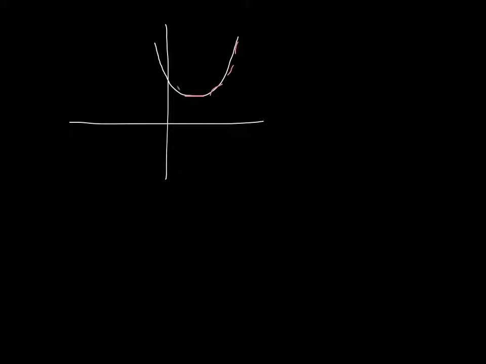But notice all these little tangent lines lie below the graph. And notice, too, that the slopes are going from negative values, getting closer to 0, and then to positive values. So here we could say that on this graph, f prime is increasing.